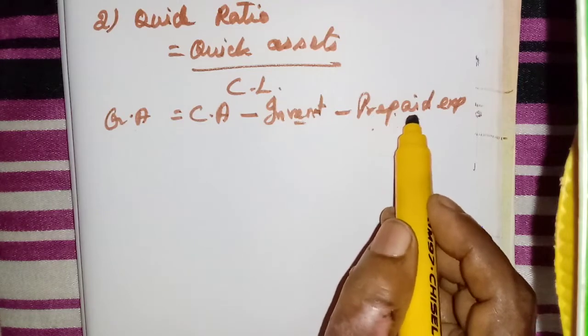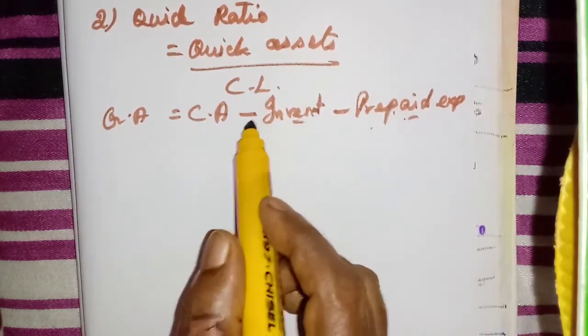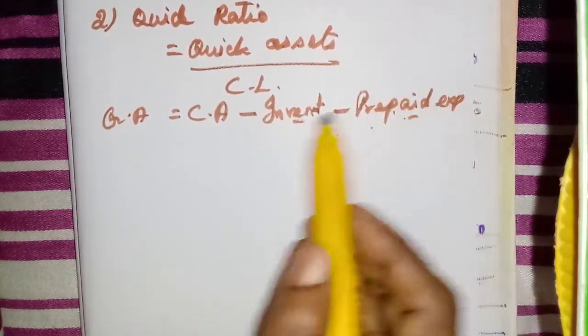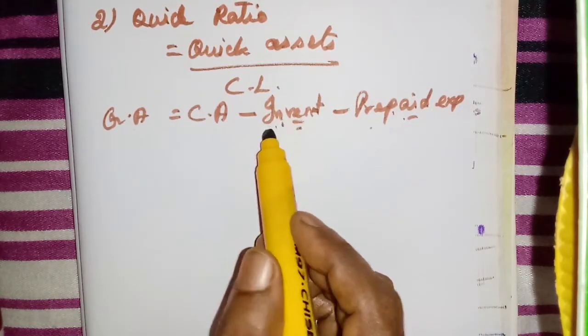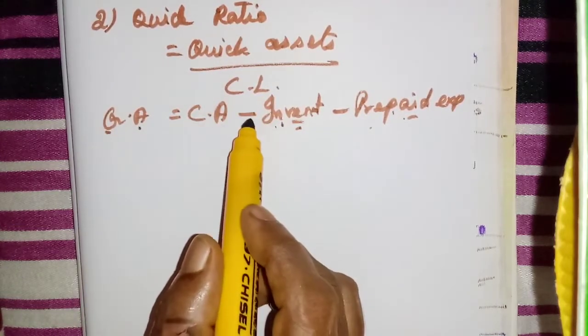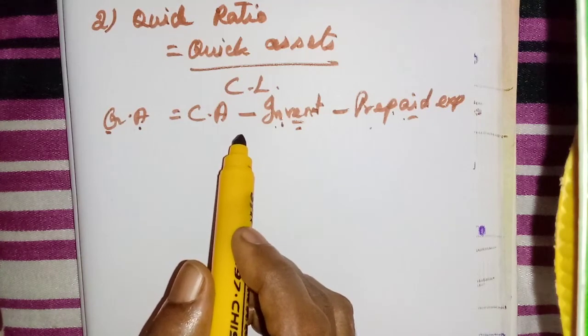Only the benefit we can derive, but we cannot convert this into cash. So these two cannot be converted. Inventory can be converted, but not very fast. That is why, for the quick assets, we are reducing inventories and prepaid expenses from the current assets.